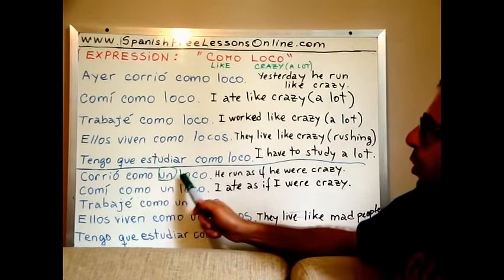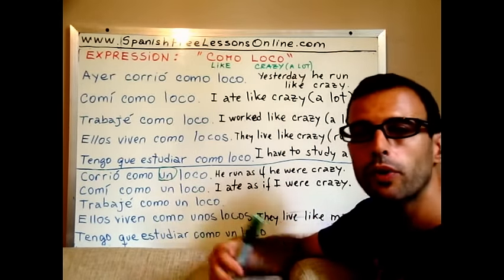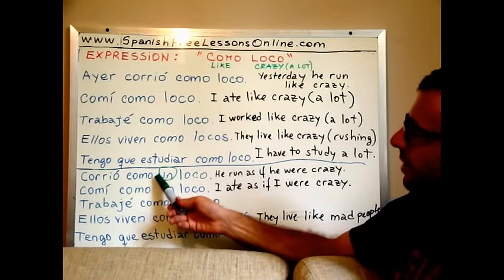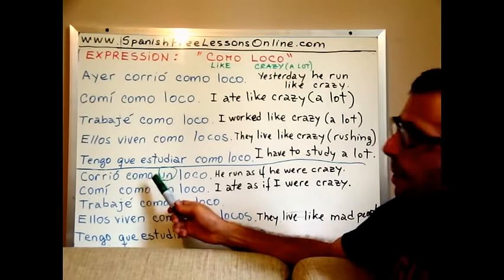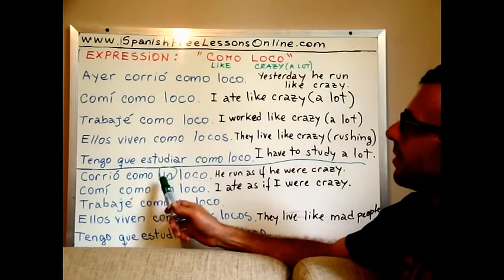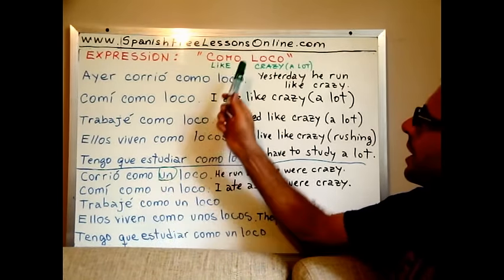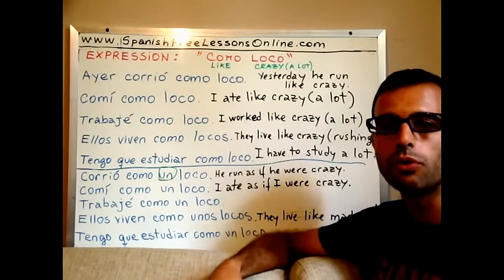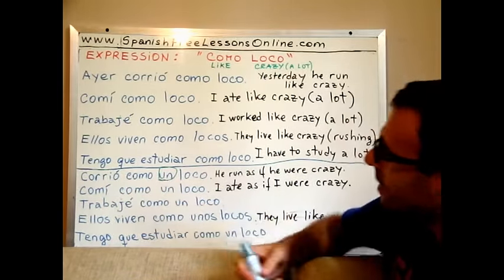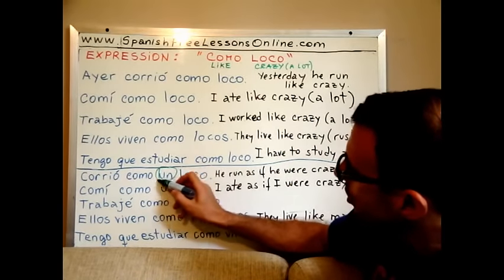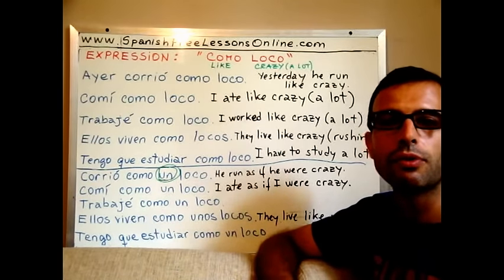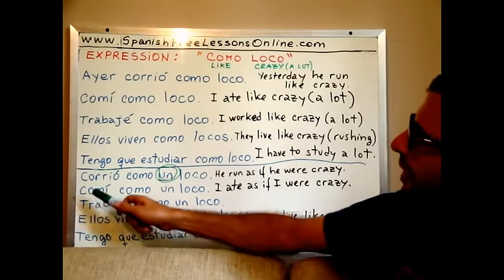Corrió como un loco. He ran as if he were crazy, or as if he were a crazy person. Here it has a connotation more in the sense of madness, of crazy, right? Not so much in the sense of a lot or in a rush, although it can also be. But here, adding this, you're being a bit more specific in the sense of craziness, right?